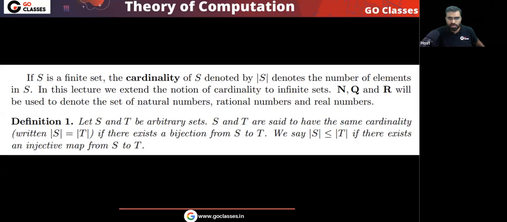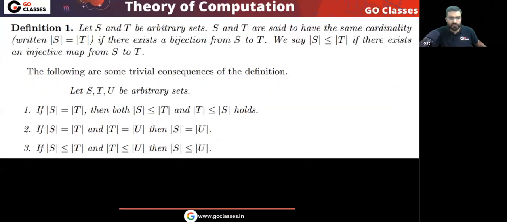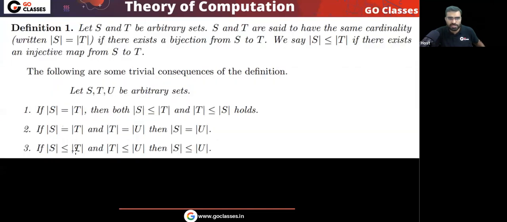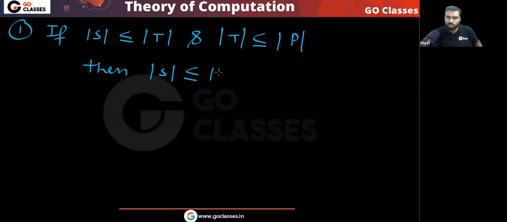Now you can easily notice this is the definition. Now some very obvious results, some very trivial consequences you can check out. What are the trivial consequences? The first trivial consequence you can notice: if the cardinality of set S is less than or equal to the cardinality of set T, and the cardinality of T is less than or equal to the cardinality of set P, then can I say the cardinality of set S is less than or equal to the cardinality of set P?